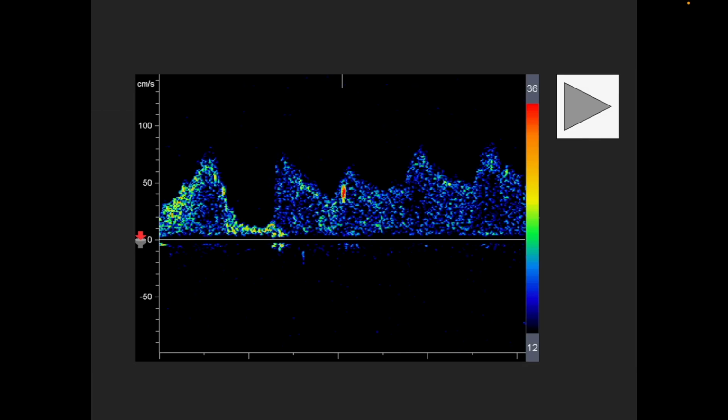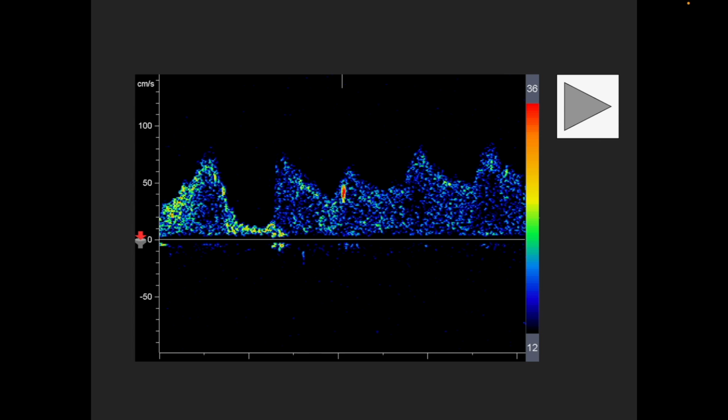After the first cardiac cycle, we see a strong decrease of the blood flow velocity in the middle cerebral artery, lasting approximately 1 second. This is due to pulling the internal carotid artery and hence obstructing the blood flow through it.